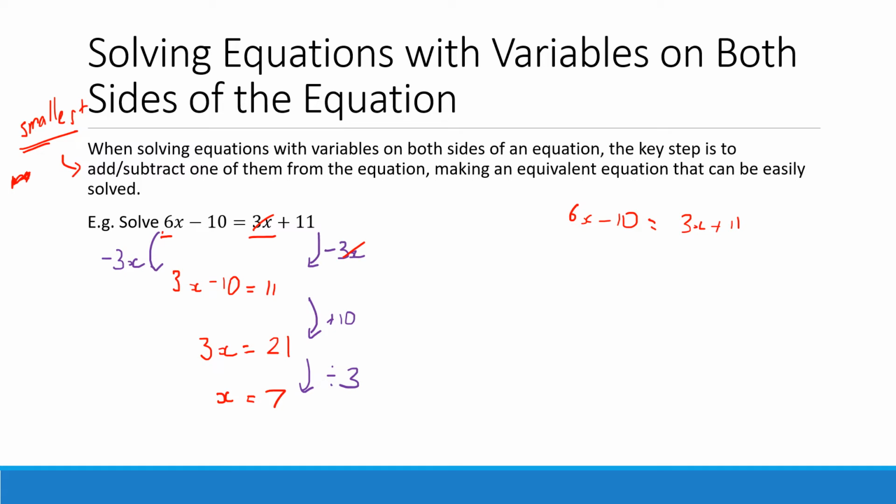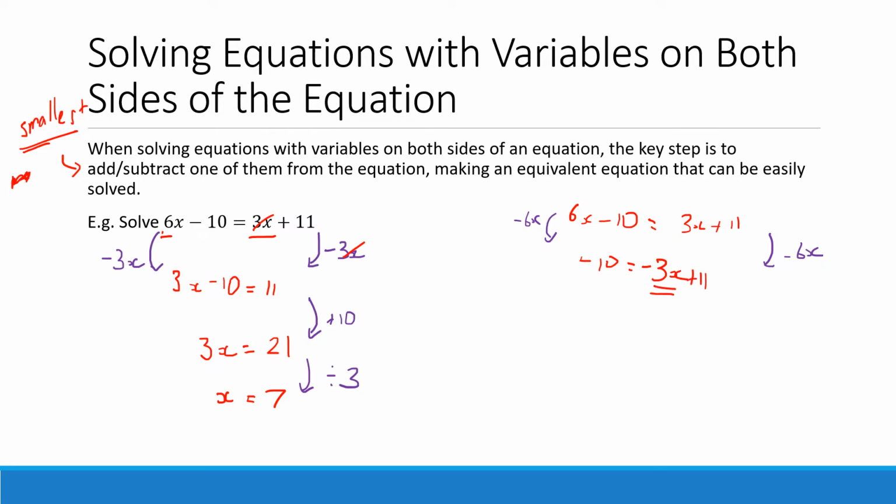If I subtract 6x, I'll be left with negative 10. 3x subtract 6x, that will be negative 3x plus 11.